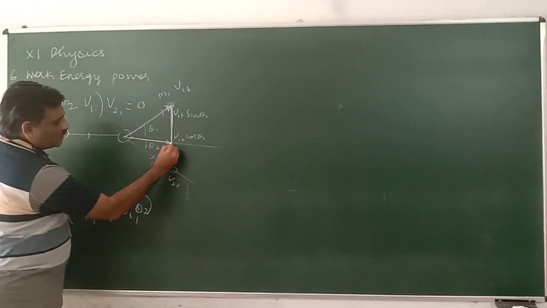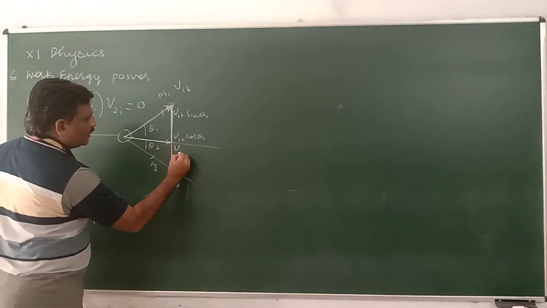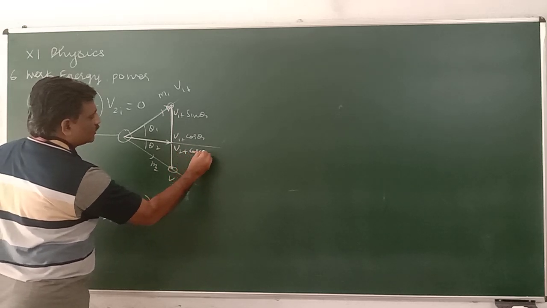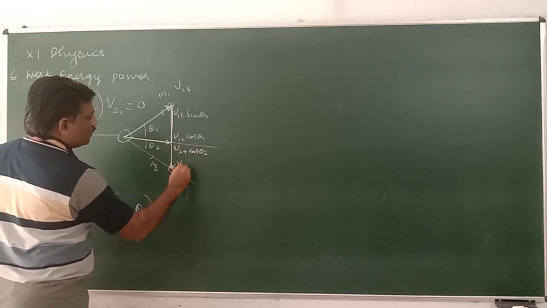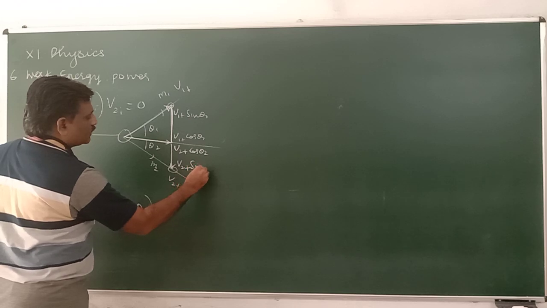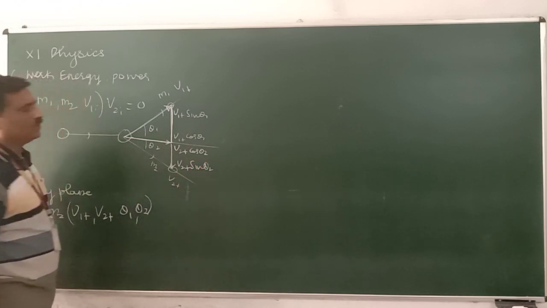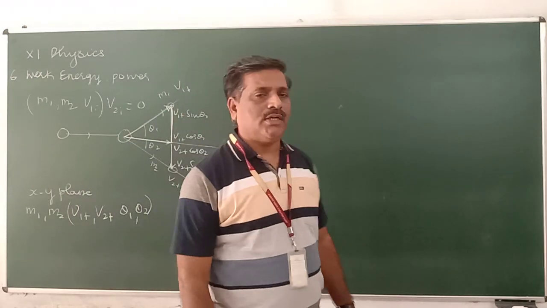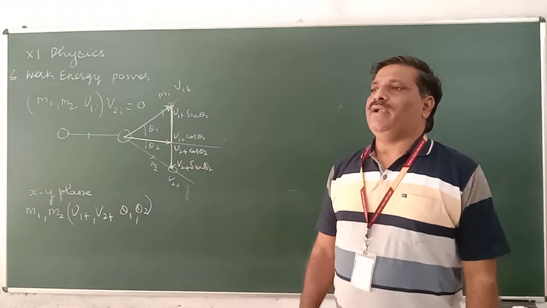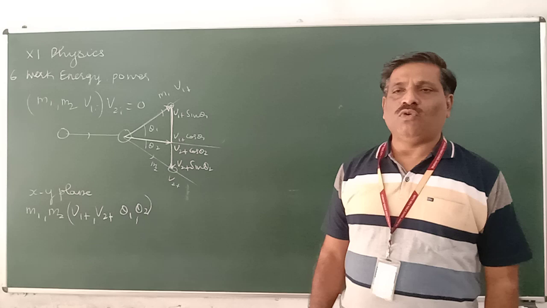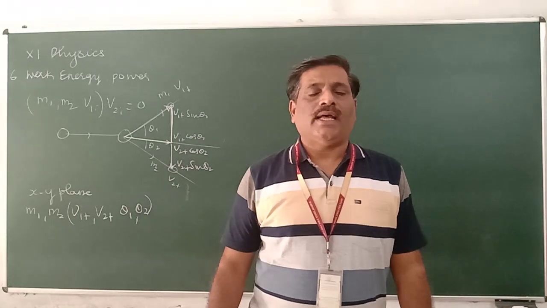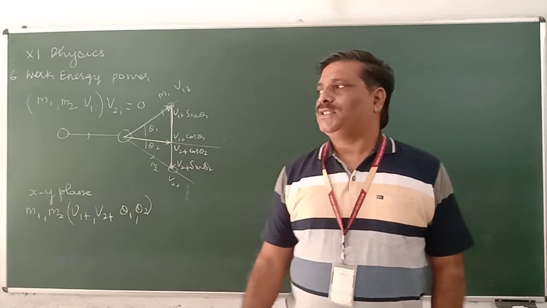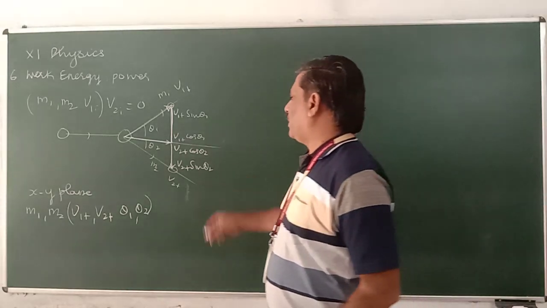In a similar manner, we can resolve this one into v2f cos theta 2 and v2f sin theta 2. So the final velocities v1f and v2f can each be resolved into two components. Together there are four components. We know how to resolve this one.